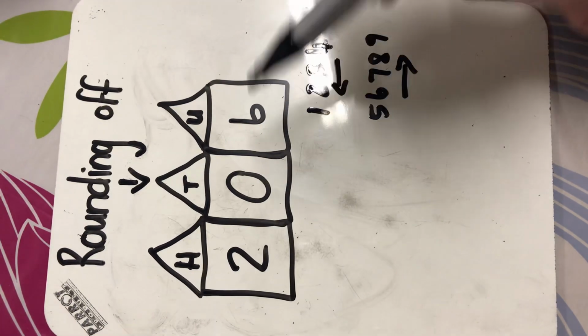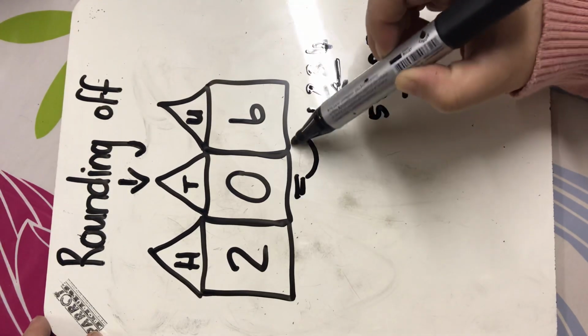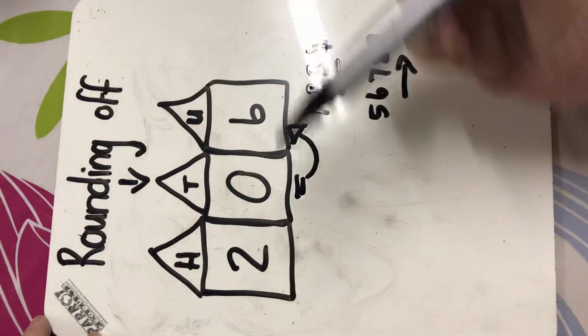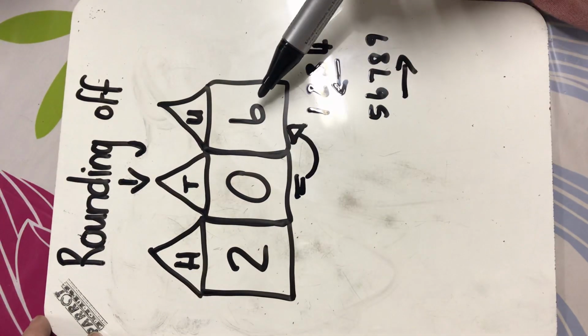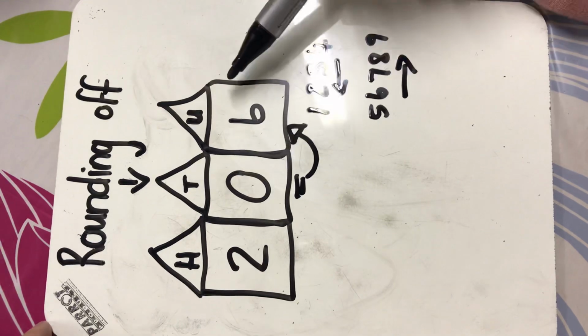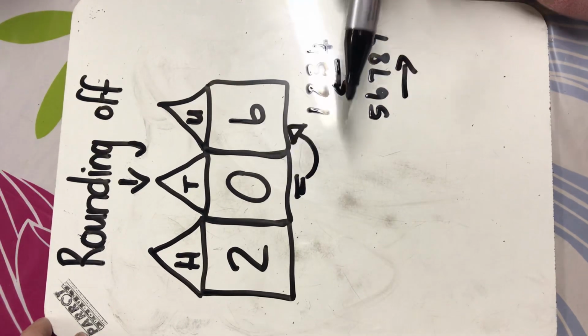Okay? Now, we want to know this one rounded off, so we look at the buddy next door. Not that side, always the one after. I'm so sorry. Always the one after.